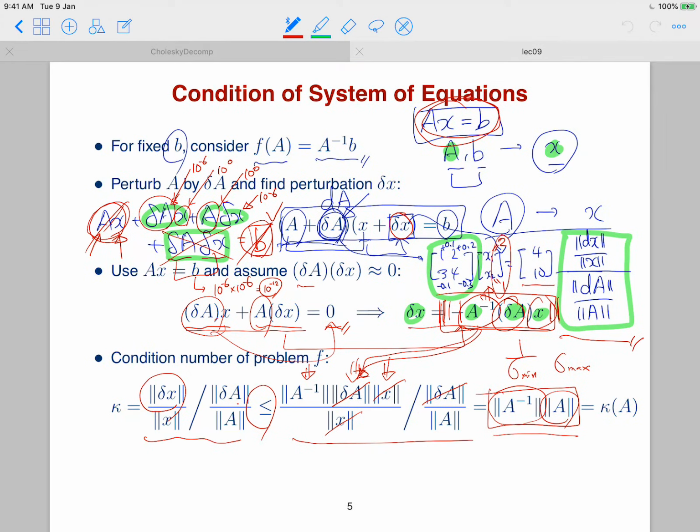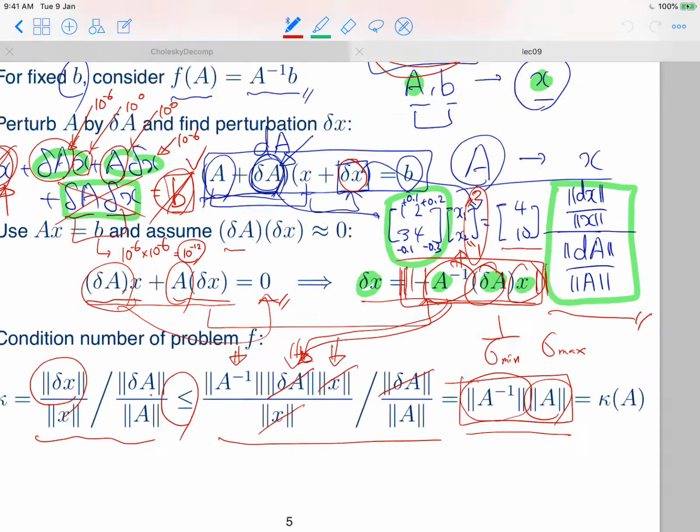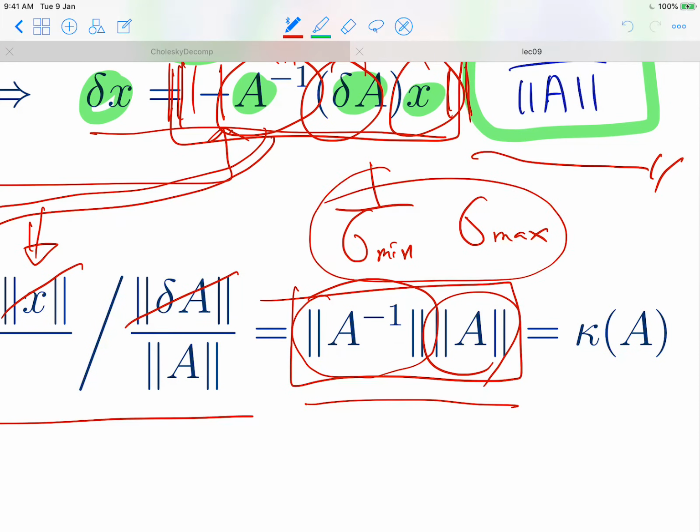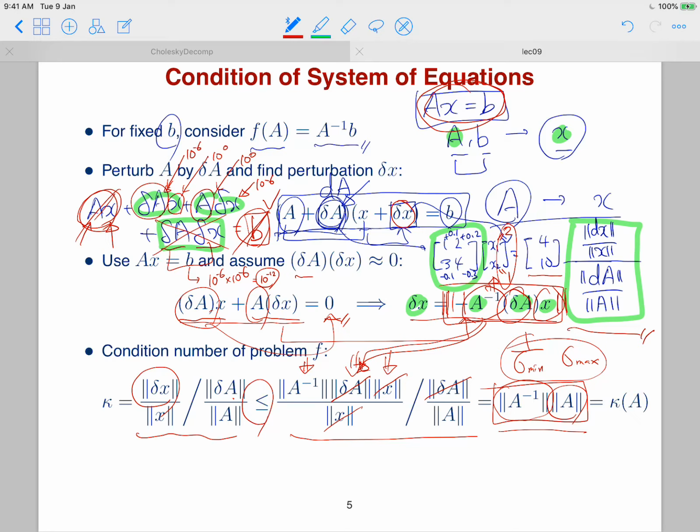So the derivation was a little bit different, but the conclusion is still the same: the ratio between the largest and the smallest singular values. And so the lesson here, in summary, is that if we have a small gap between these two numbers, then it will provide a better condition number, and thus it will have less potential for giving inaccurate solutions.